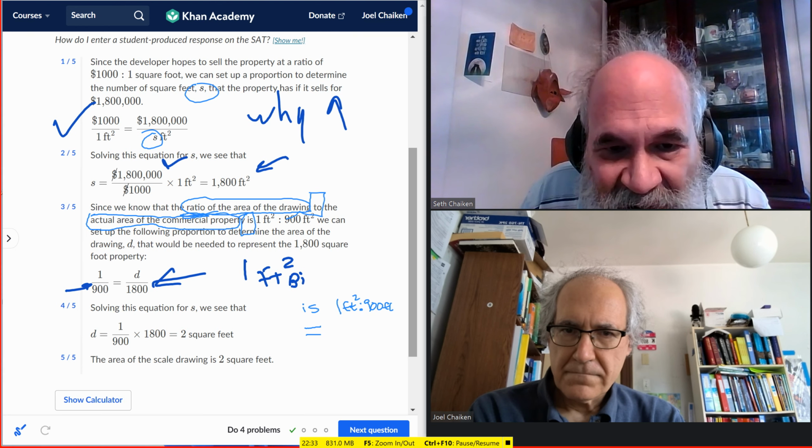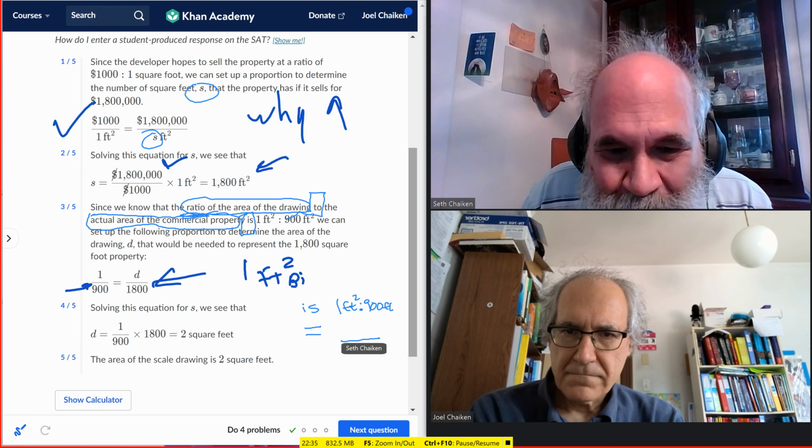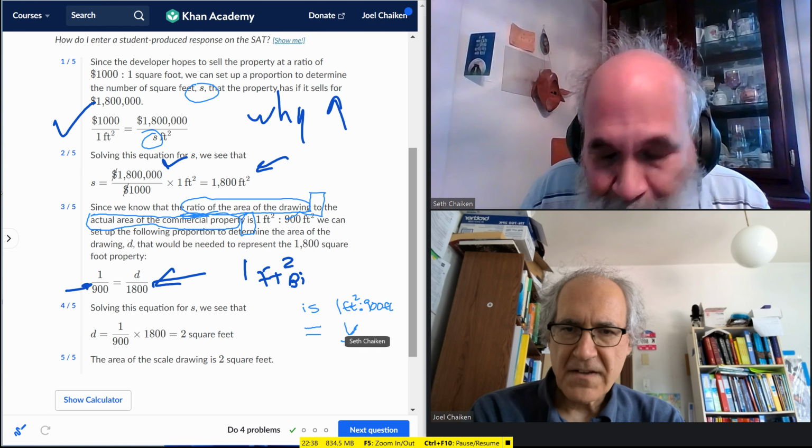This colon is a fraction bar. Right, it represents a ratio.